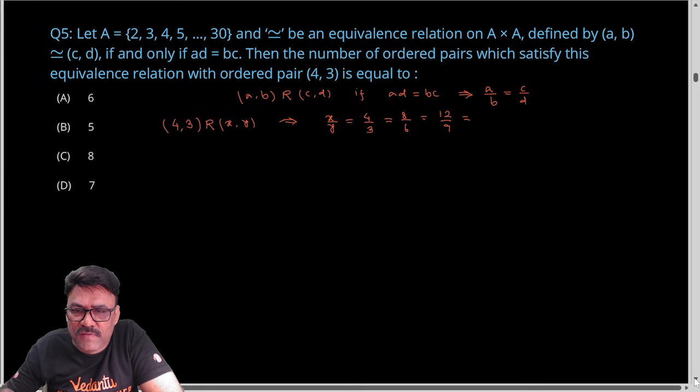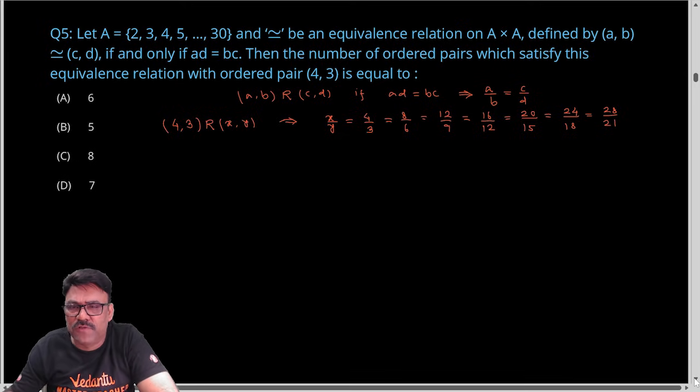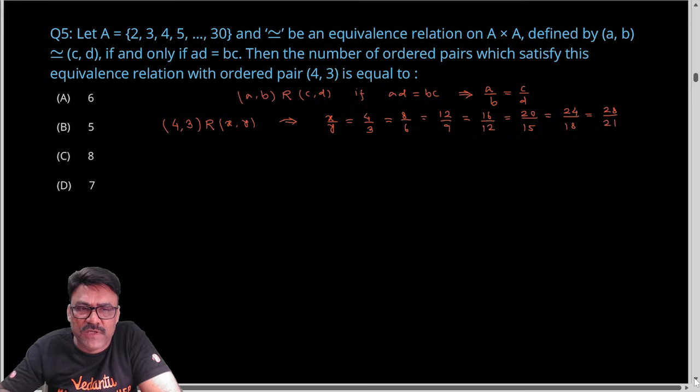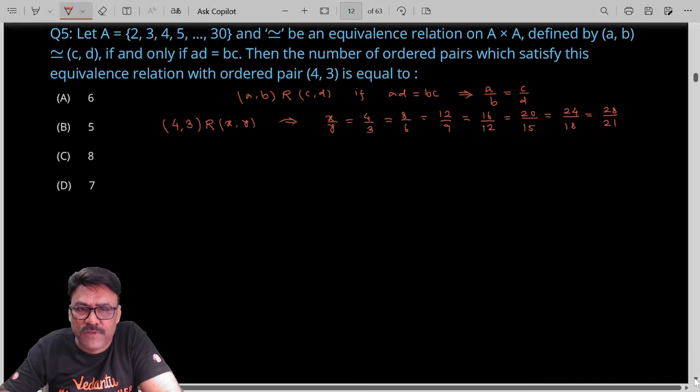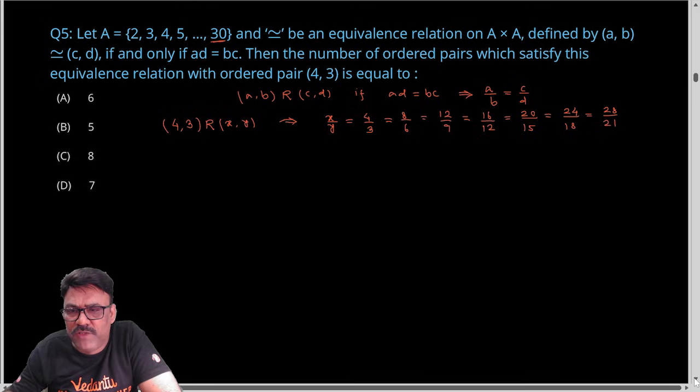Then I can write it as 16 by 12, then 20 by 15, 24 by 18, 28 by 21. This is the last pair, 28 comma 21, because the next one will become 32 by 24, but in the set A, I have elements up to 30 only.